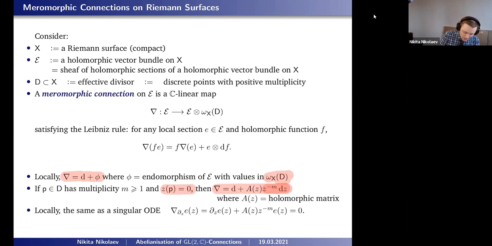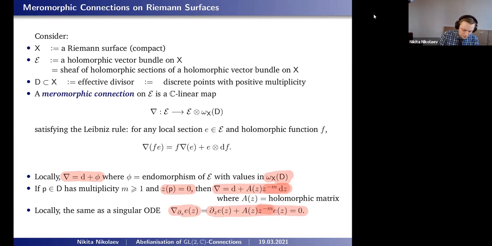If I take, still working in this coordinate, the covariant derivative, and I input a vector field d by dz, then looking at these connections is the same thing as looking at differential systems of first order linear coupled differential equations, singular. Again, they're singular because the equation experiences singular behavior at z equal to 0.